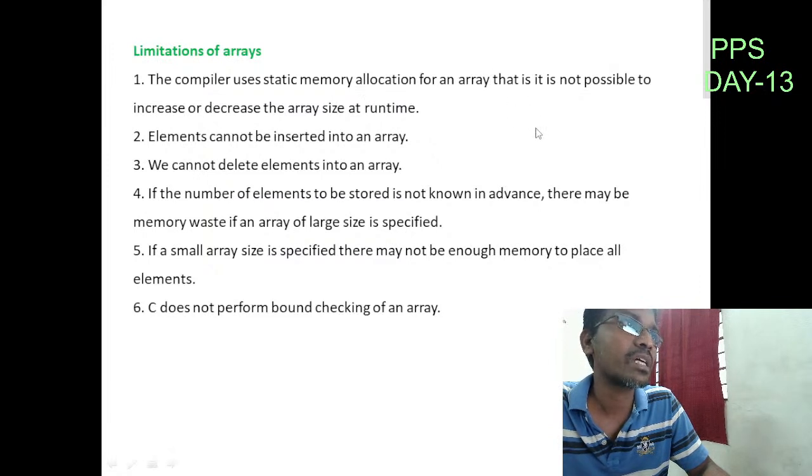So arrays are static data structures. Once you declare the size of the array, it cannot be increased or decreased, either at compilation time or at runtime. It is not possible to increase or decrease the size of an array at the time of execution. That is one limitation of an array.